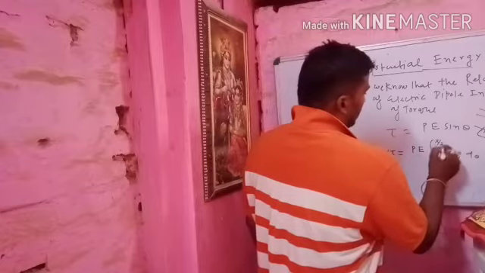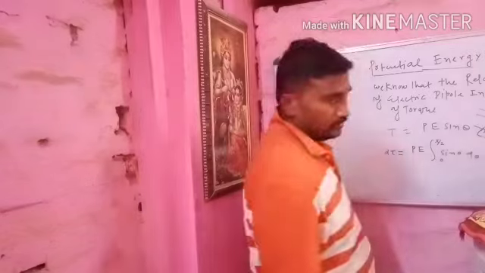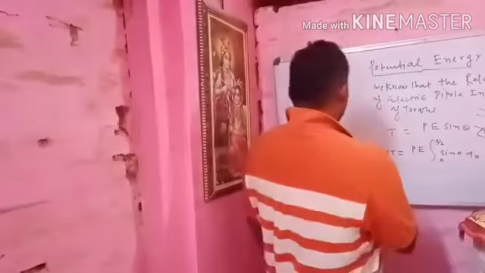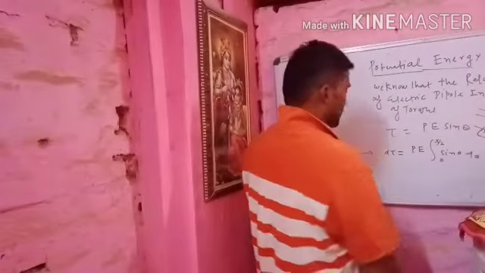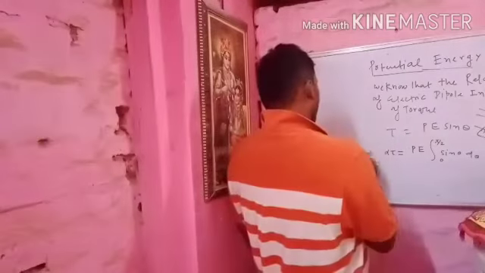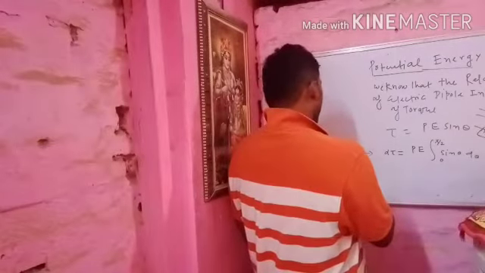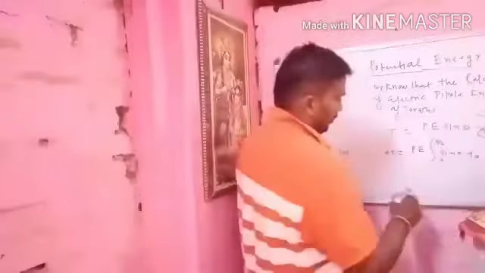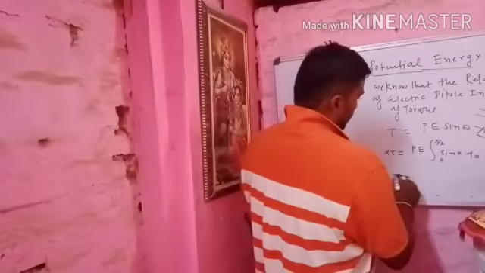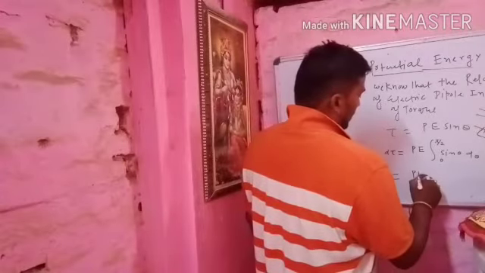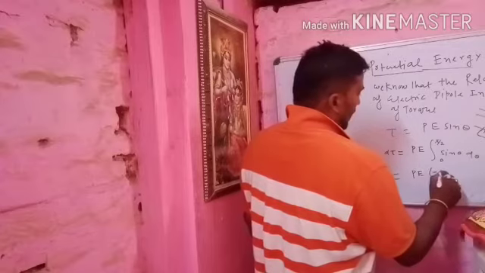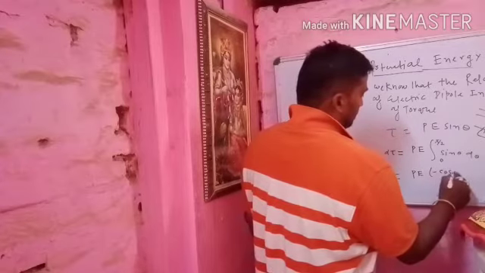We take the limits pi by 2 and 0. It is also known as the work done, represented by dW is equal to d tau, therefore U is equal to pE into minus cos theta.